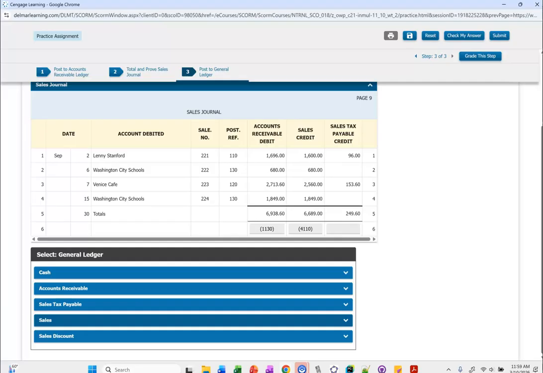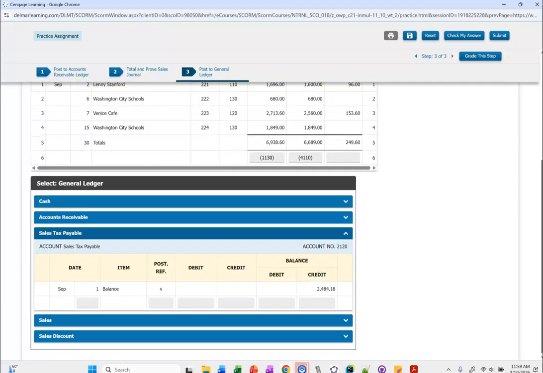And then my last column is the sales tax payable credit. So, sales tax payable ledger, 30th. We're still on journal S9. Again, this was a credit, so it goes in the credit column, 249.60.